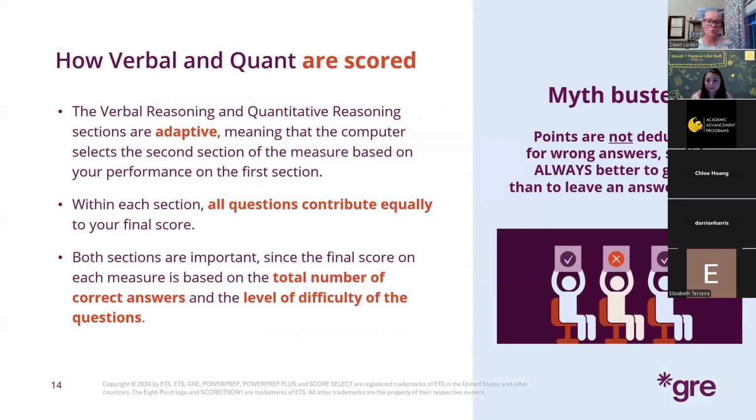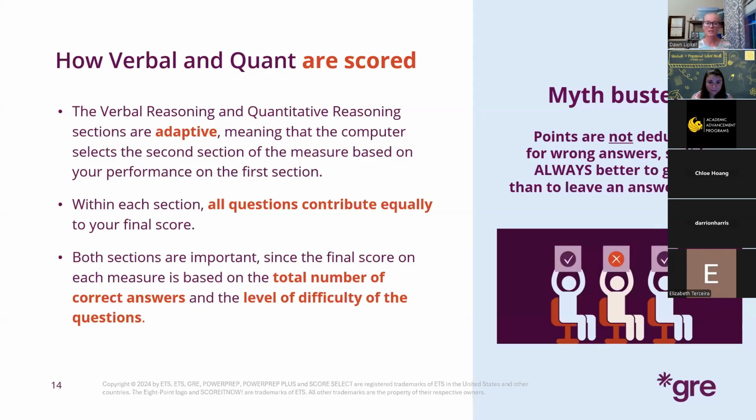So I mentioned scoring. If you remember, verbal and quantitative have those two different sections. And that's because the GRE is called section level adaptive. So if you think of those two different sections, the second section on verbal and quantitative, that content is determined by the testing system, based upon how well you performed on the first section.